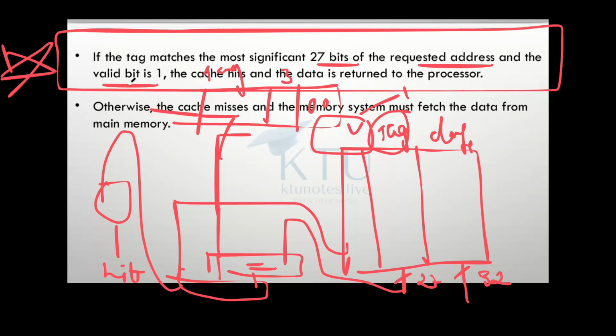What is the logic? What should be the values to get a cache hit? So cache hit would be obtained if the tag of the cache matches the 27 bits which are there in our memory address, and also we have to make sure the valid bit's value is 1.